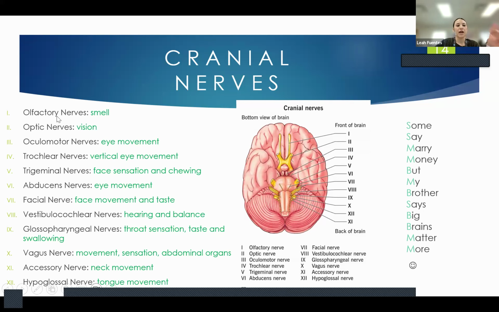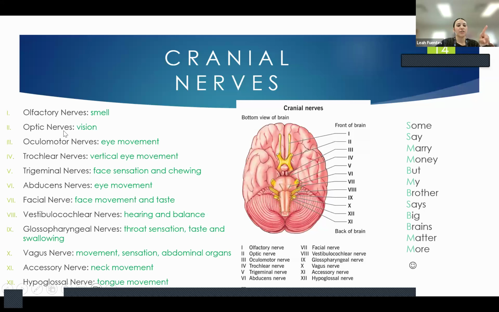So I know you're wondering, how am I supposed to remember all of these and the order? The mnemonic I've seen is: on occasion, our trusty truck acts funny, very good vehicle, anyhow.